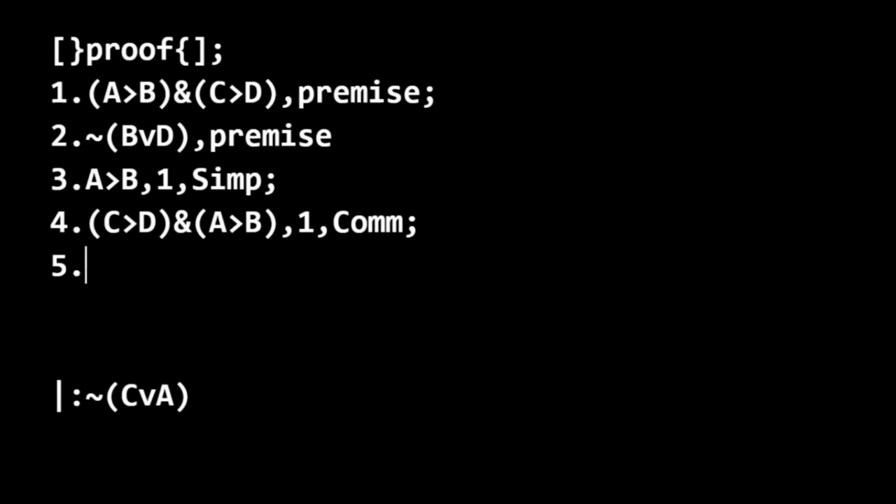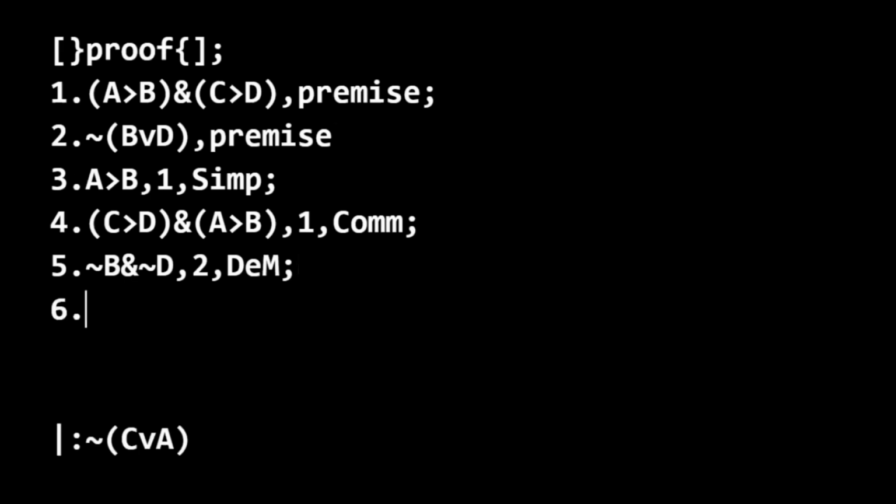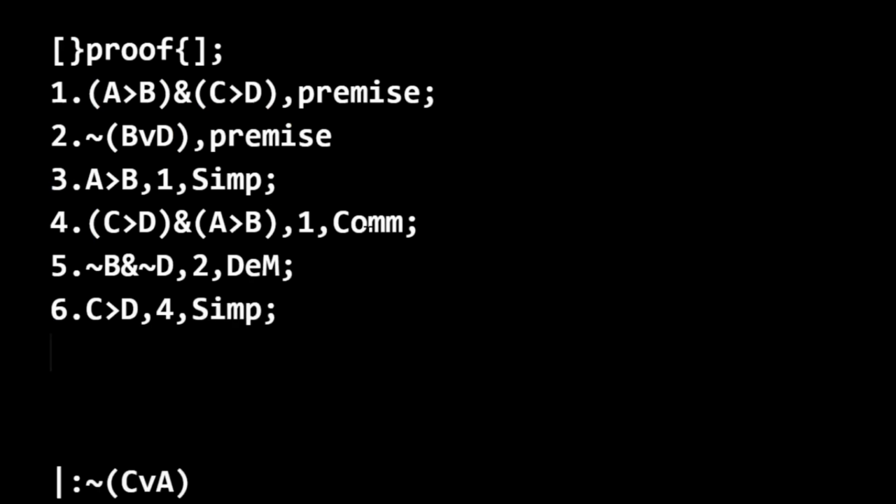And then we can do De Morgan on line 2. And from line 4, we can take C only if D and simplify that. So now we've extracted from line 1, A only if B and C only if D as separate lines here.